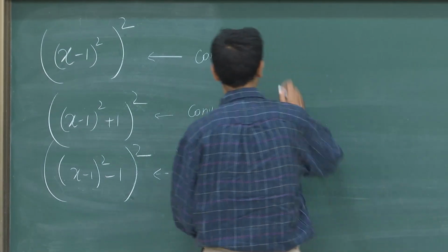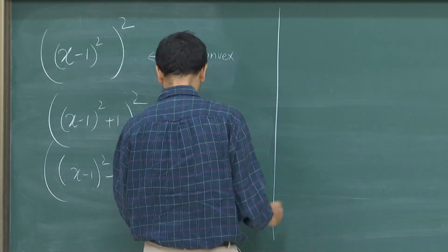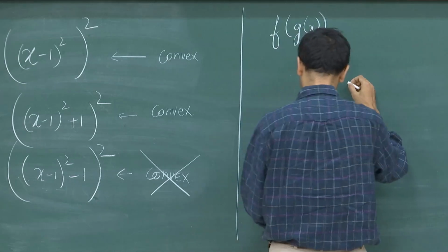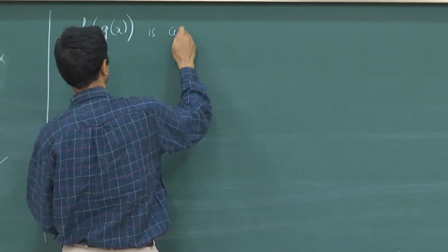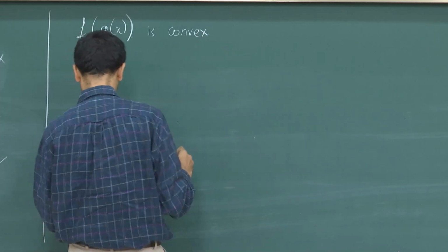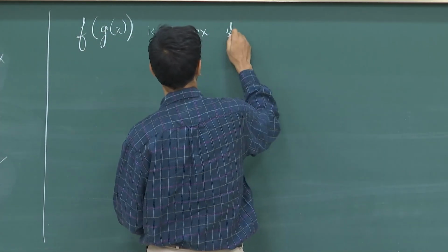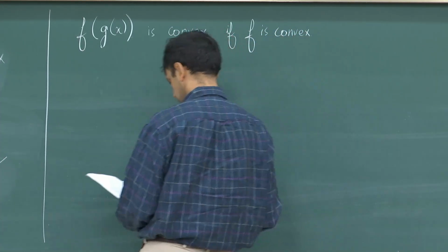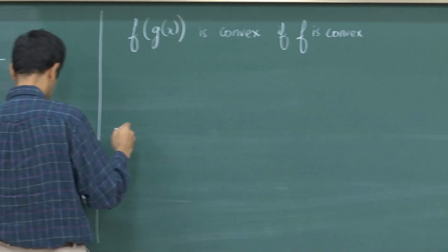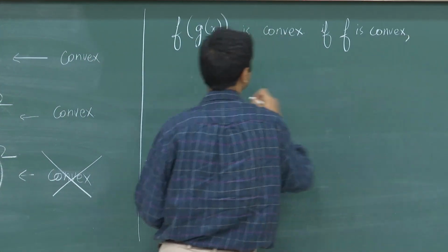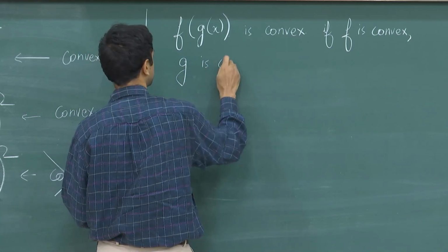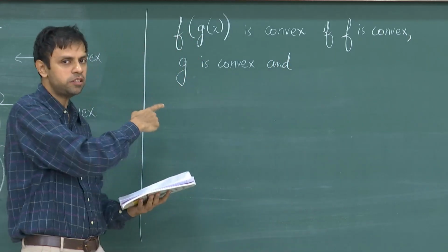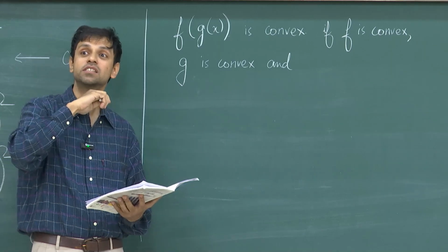So I'll write this property: f of g of x is convex if f is convex, g is convex, and what, anybody?